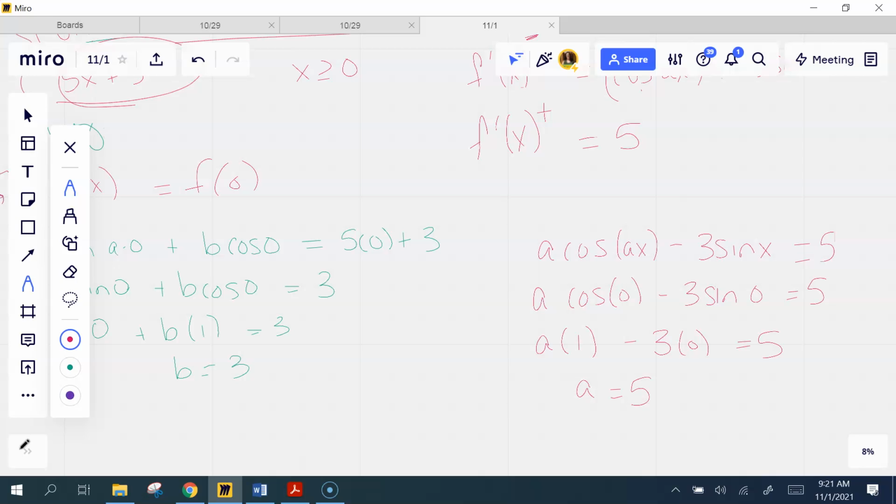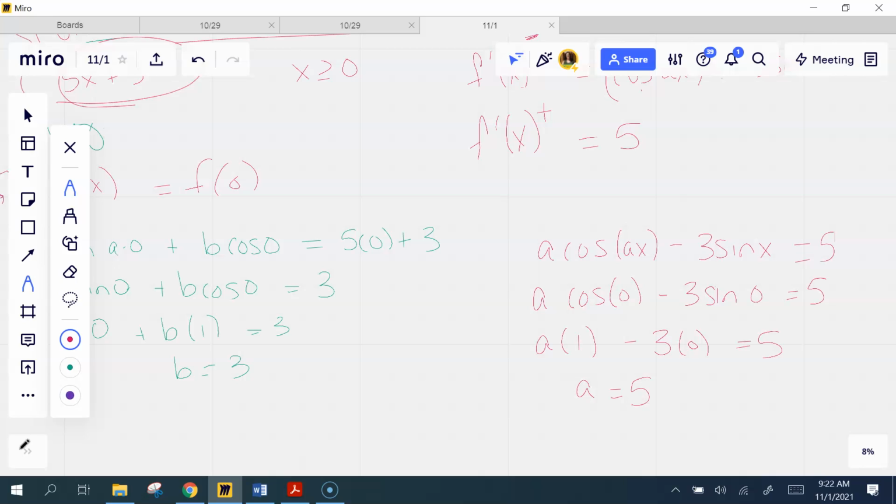And so that means that here we are continuous and differentiable. But part C asks us, is f differentiable at x equals 0 if a is 5 and b is 4? Well, we know a being 5 is okay, but is it okay that b is 4?